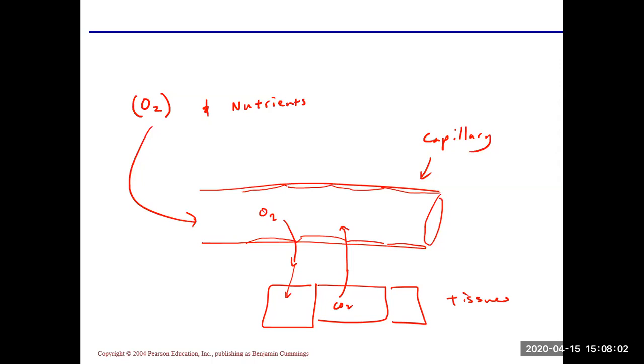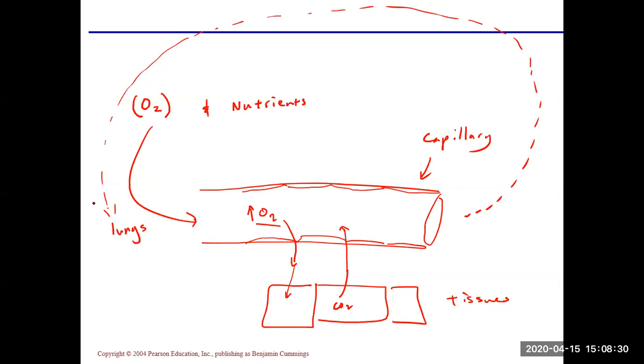Usually blood flows from the lungs, where blood oxygenation occurs, so it becomes rich in oxygen. Eventually the blood vessels will go back to the lungs to do the exhalation.